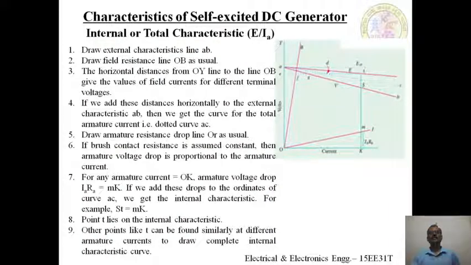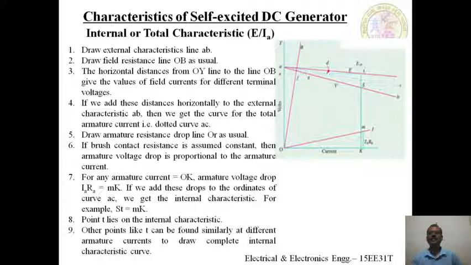Next, the internal or total characteristic of the self-excited DC generator. It is the characteristic curve drawn between E versus IA. As already mentioned, it can be obtained from the external characteristic curve. To draw this internal characteristic curve from the external characteristic, you just follow these points.